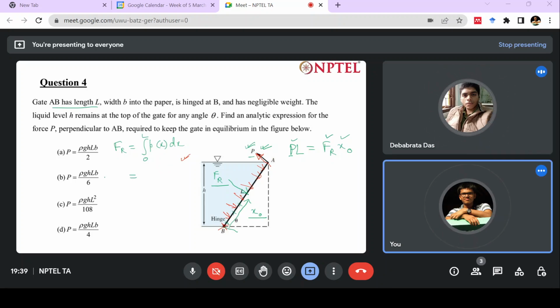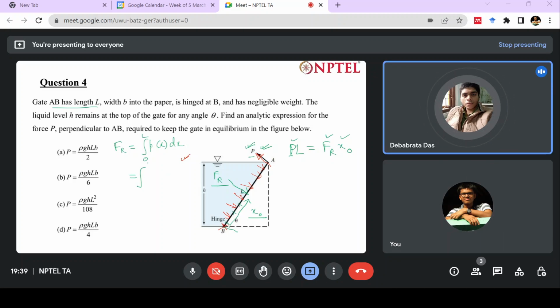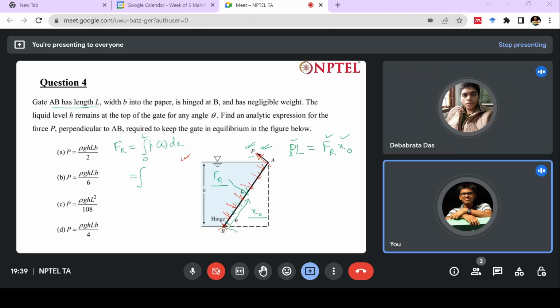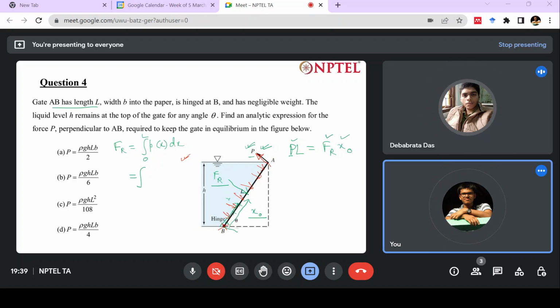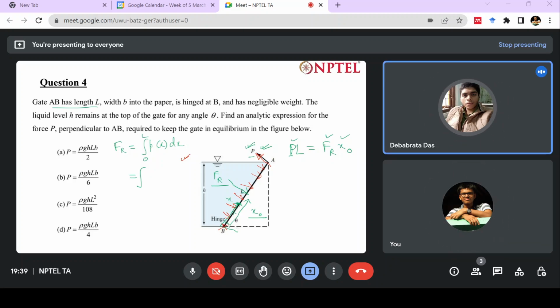Can you describe this function to me? If I move x distance from B, what is the pressure at this particular point?